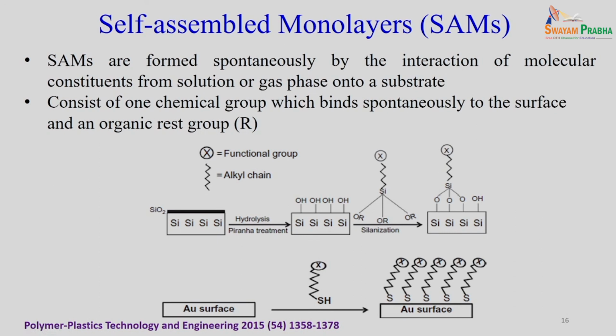One example of a liquid phase reaction is the self assembled monolayer. In case of self assembled monolayers, as the name suggests, self means they are formed spontaneously by interaction.